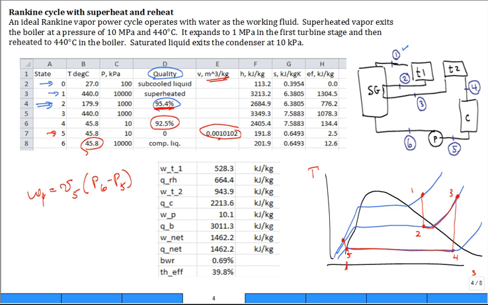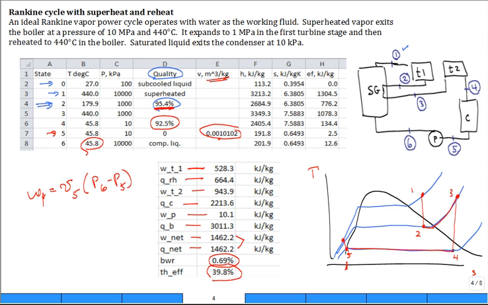Here are the numeric values in kilojoules per kilogram for the work out of the first turbine stage, that reheat, the condenser, the first pass in the boiler or the steam generator, work of the pump, second turbine stage. Q net and W net are both calculated and they check. And then what we find is that the back work ratio is really small, which is good, 0.7%. And the thermal efficiency is almost 40%, which is good.